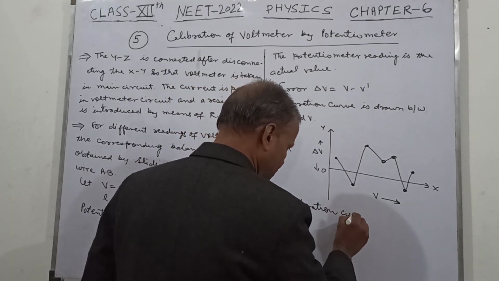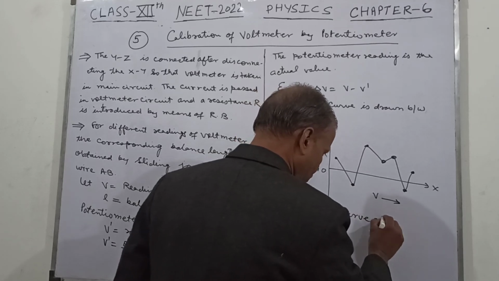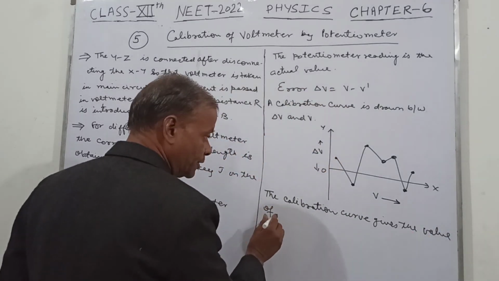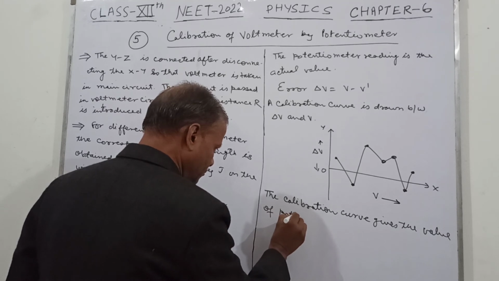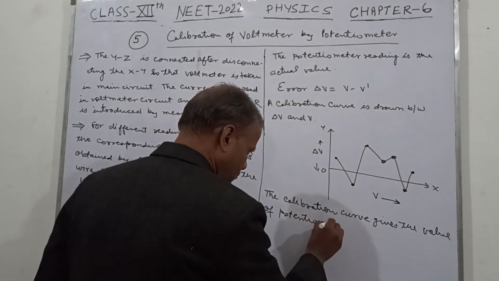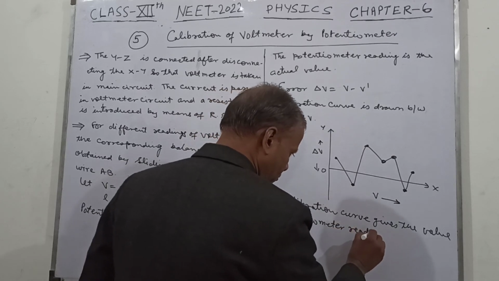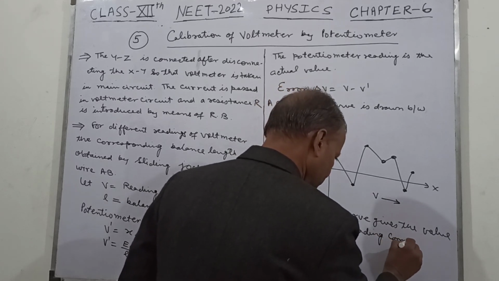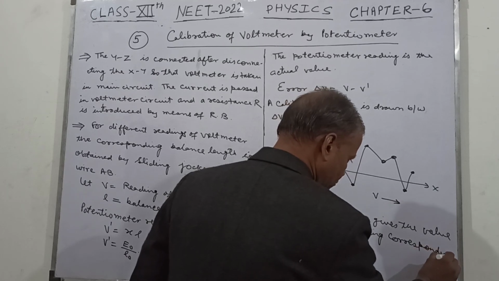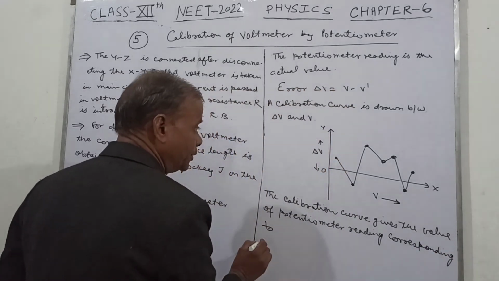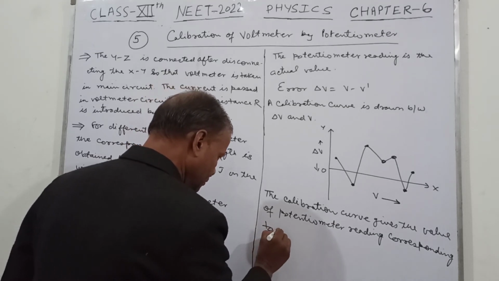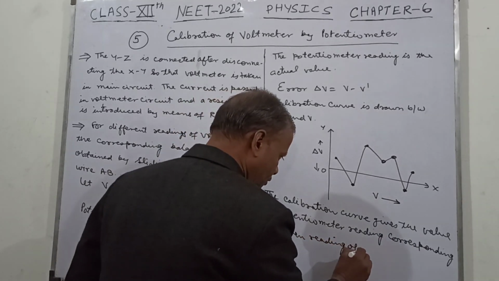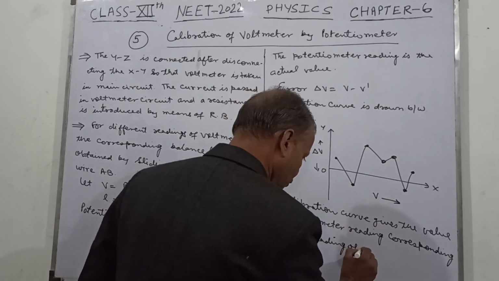The calibration curve gives the value of the potentiometer reading corresponding to a given reading of the voltmeter.